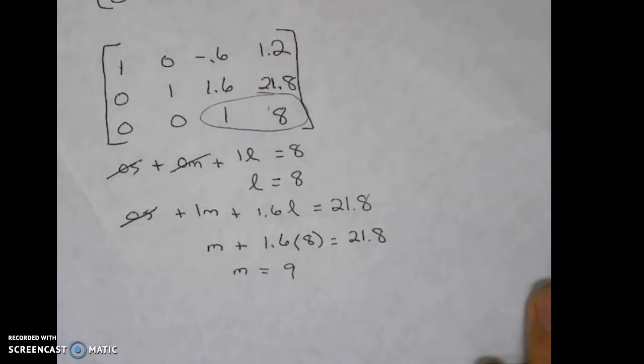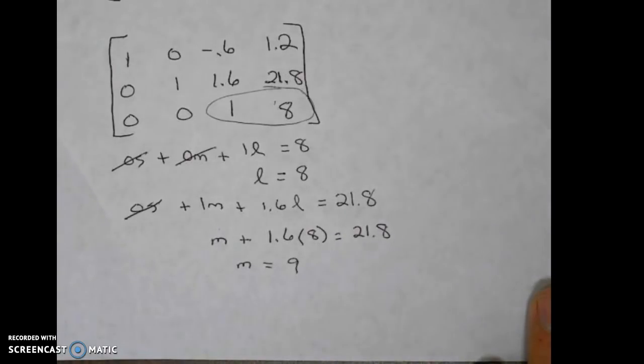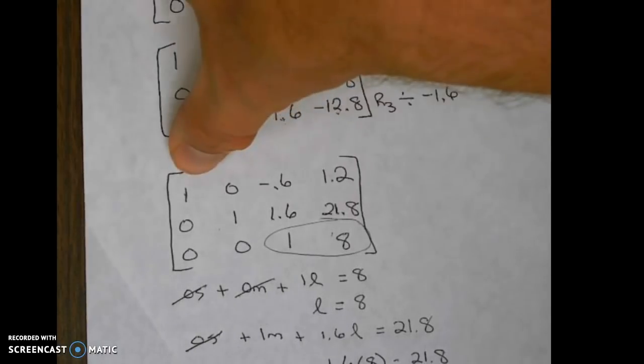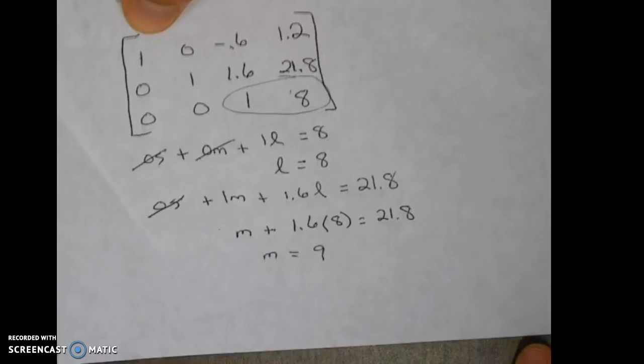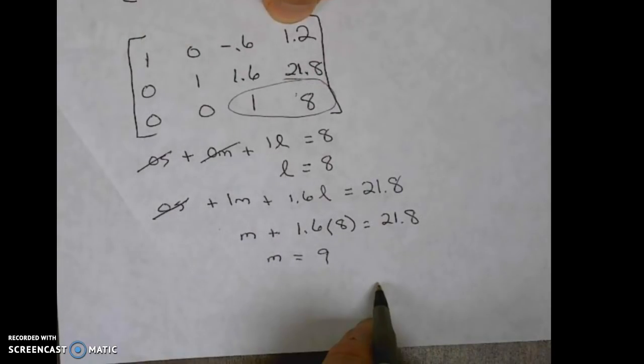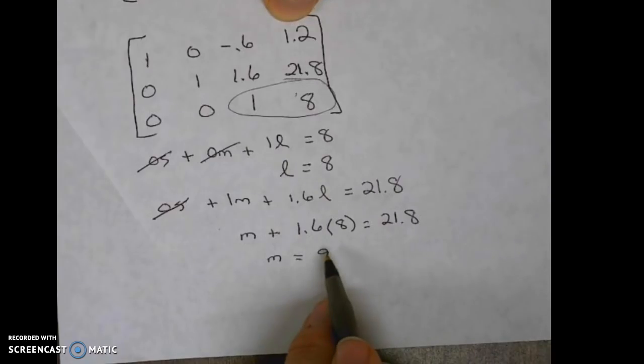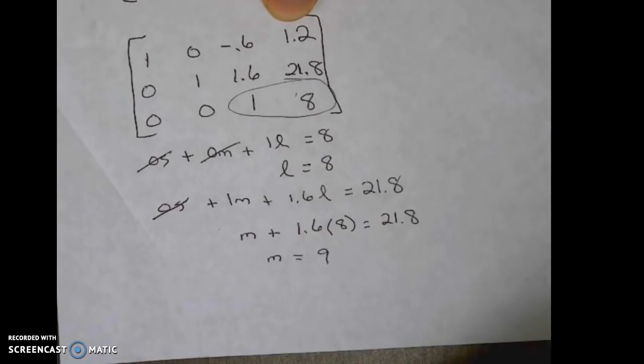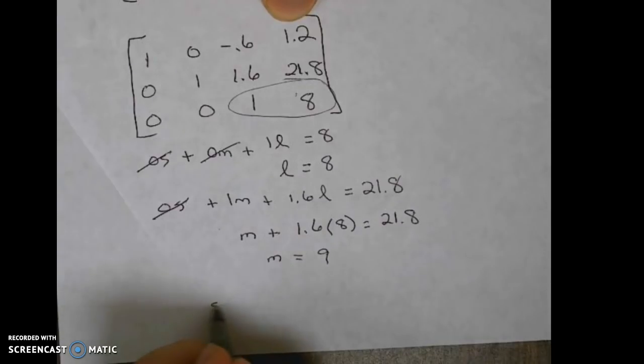We have 9 medium. And then finally, on the last one, that's going to be for you. Write the equation for row 1. Substitute in the 9 and the 8 and solve for small.